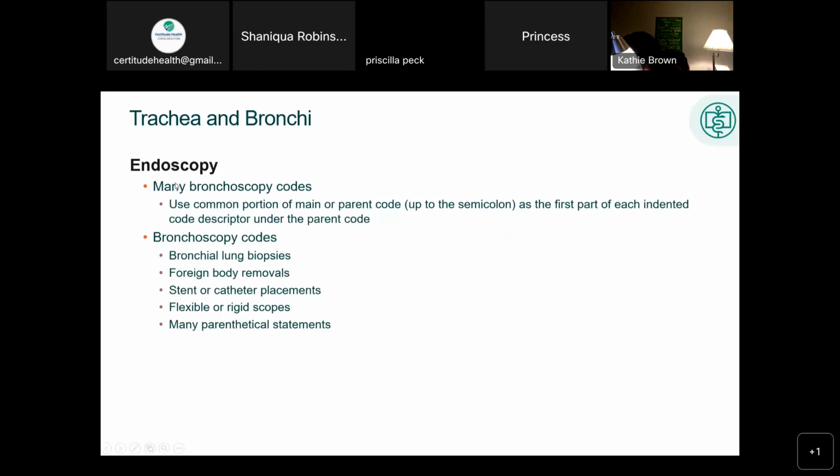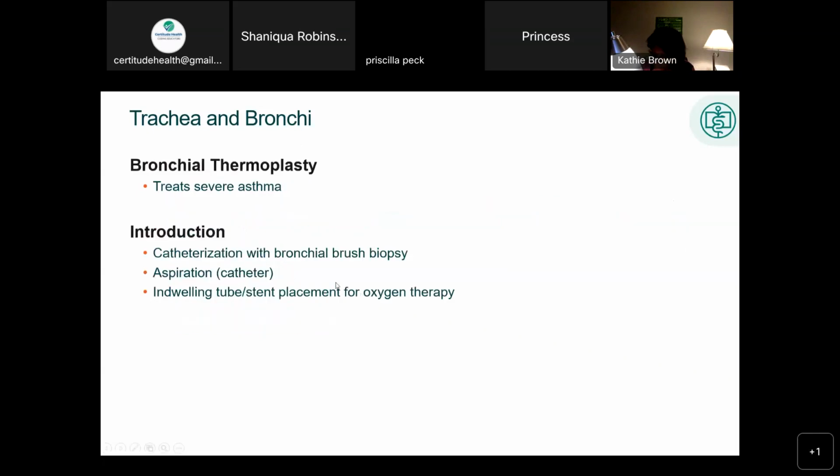This is where your bronchoscopy procedures are, because they're inserting a scope so that they can see the bronchial area, which would include lung biopsies, foreign body removals, stents, or catheter placements. But the same guidelines would apply as for any other procedure where they're using a scope.